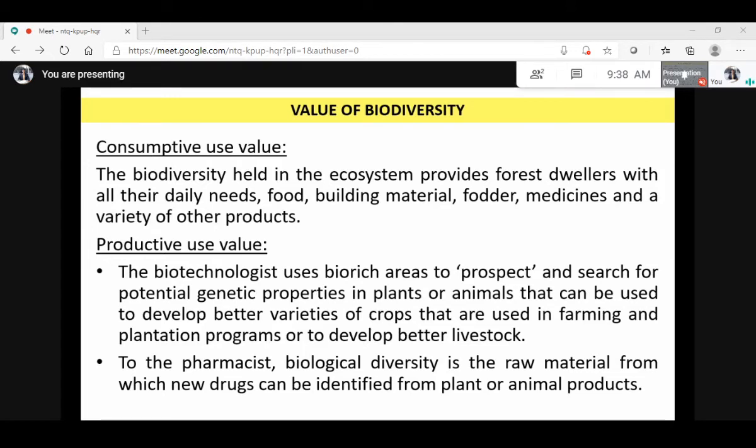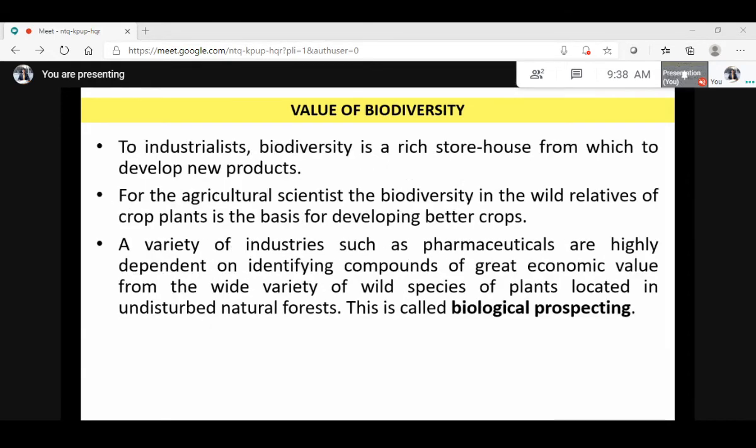To the pharmacist, biological diversity is the raw material from which new drugs can be identified from plant or animal products. To industrialists, biodiversity is a rich storehouse from which to develop new products.